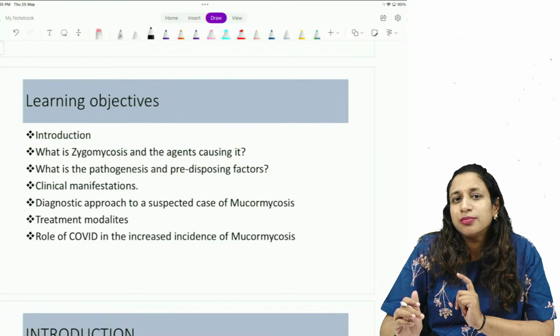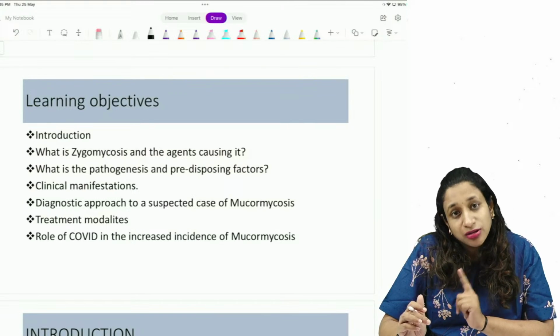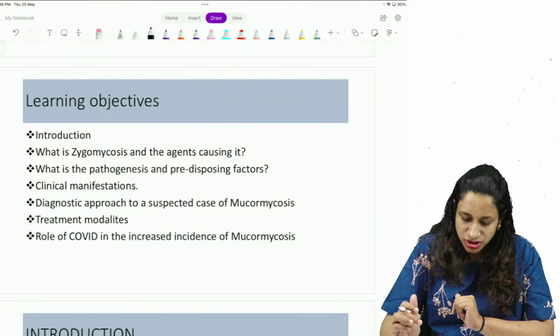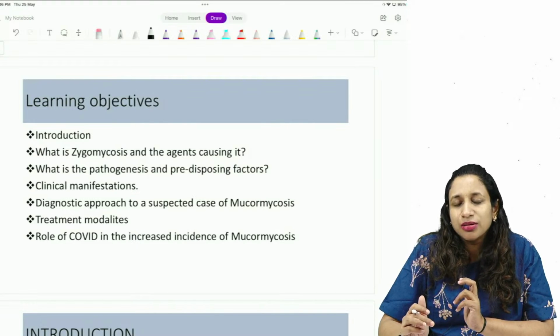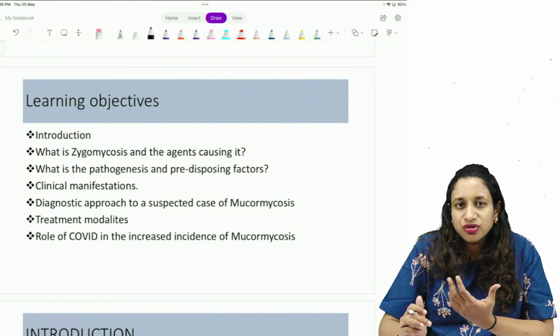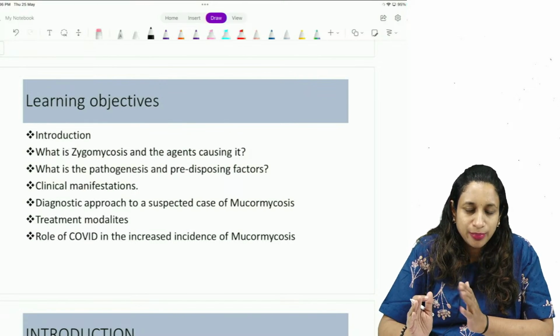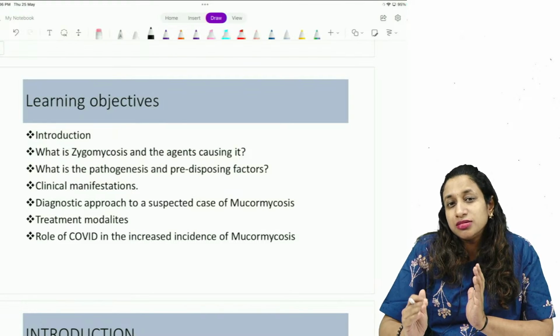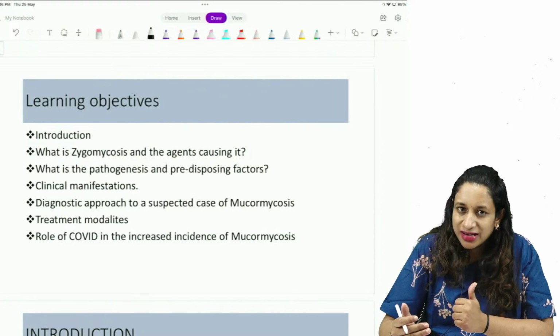Diagnostic approach is very important. We are going to talk about the pathological findings, the microbiological findings as well as the radiological findings. Treatment modalities: yes, there are drugs which are available. The mainstay of treatment obviously happens to be surgery, and that has to be remembered. That's because the necrotic tissue has to be removed for even better penetration of the antifungals.